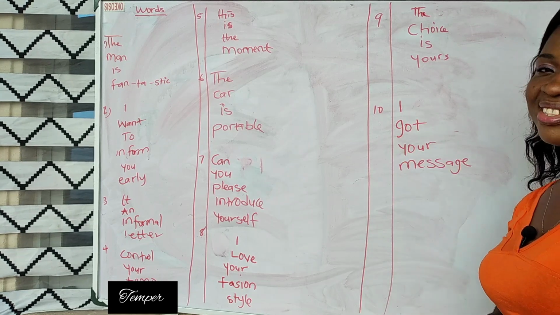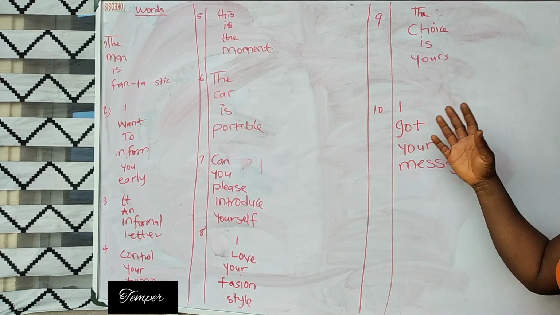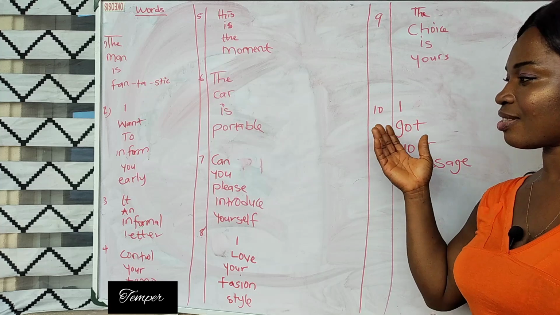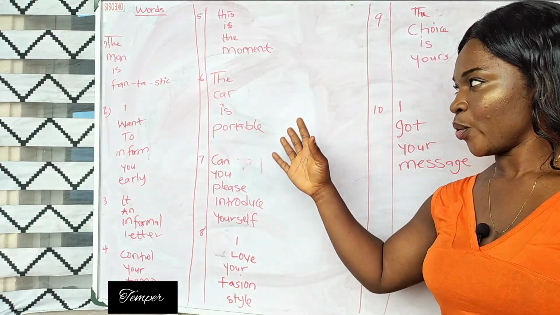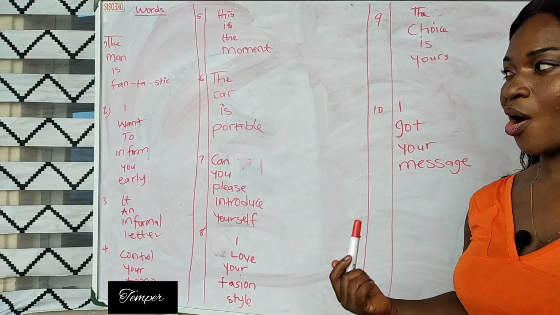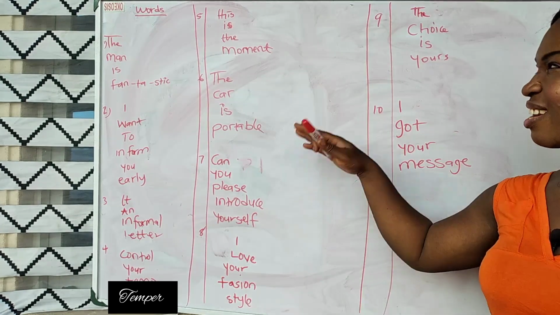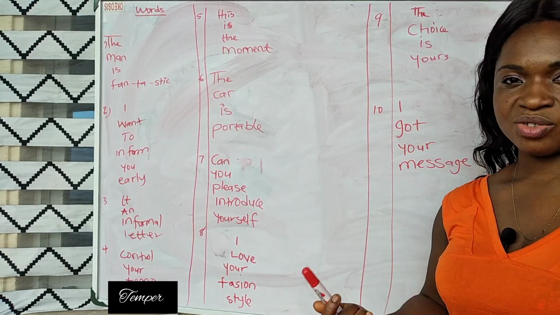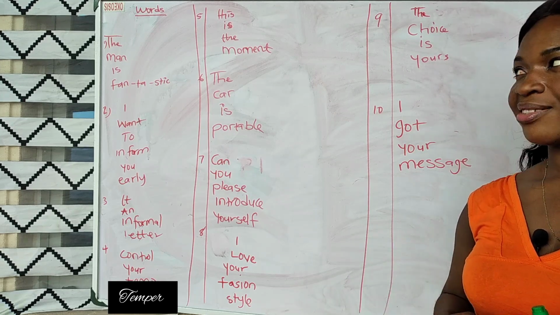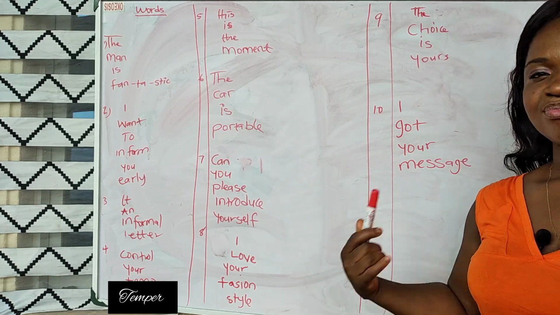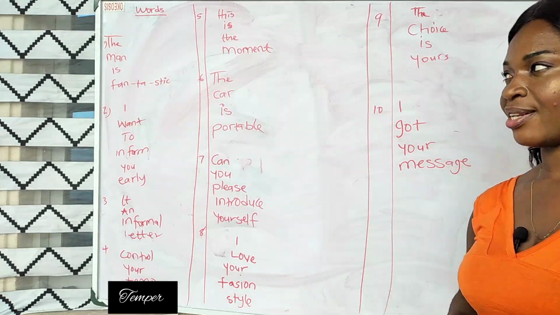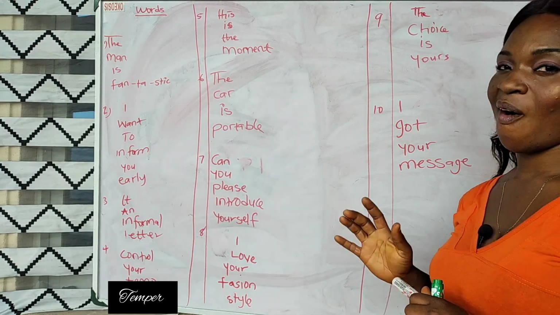I got your message. Okay, so as you can see, we have 10 sentences with these listed words on the board, and you can as well make use of any word out of here to construct your own sentences. It's something you can just do to know how well you're doing. So that's that on this.